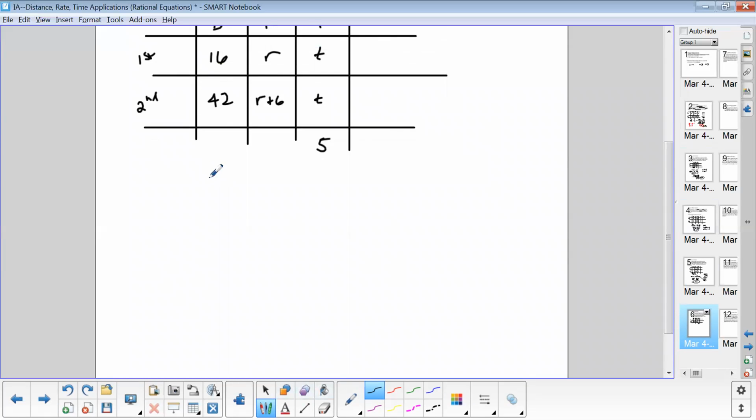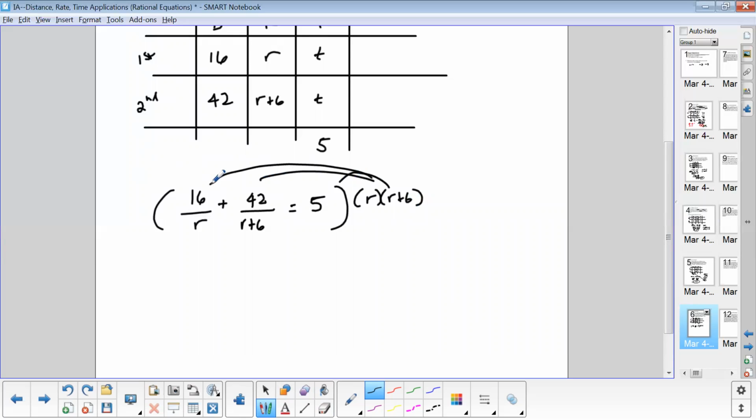So we would have, first part of the trip is distance divided by rate plus the second part of the trip would be 42, or distance divided by rate, and all of that's going to equal the 5 hours. So in this case, we need an LCM, and that LCM is going to be R times R plus 6, and we're just going to multiply all that together.